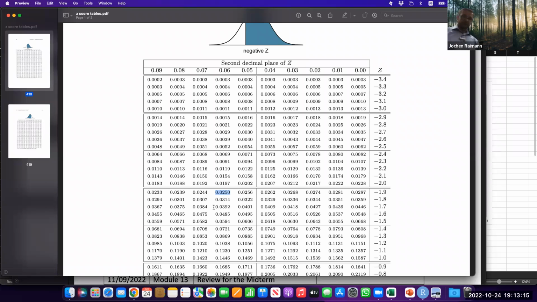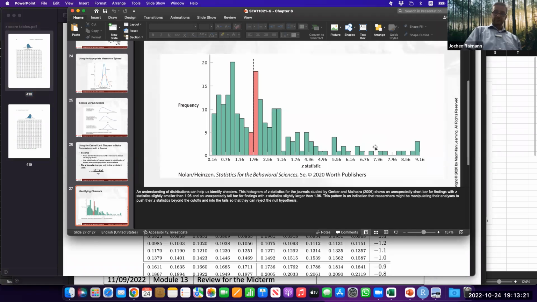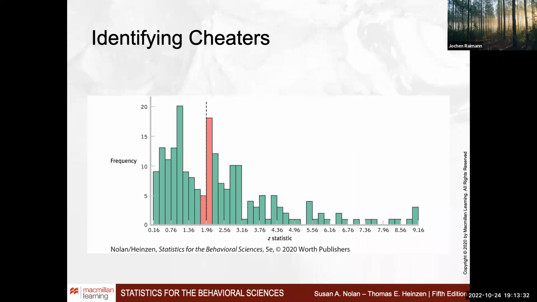Nolan and Heinz want to make the point, and I'm not really sure I agree with that point, but they may have a point, who knows. They're making the point that a lot of published papers gravitate around a z score of 1.96 in their estimates. The reason for this is because they all want to show a significant difference, and thereby they're squeezing and massaging, and they basically get their data somewhere to 1.96.